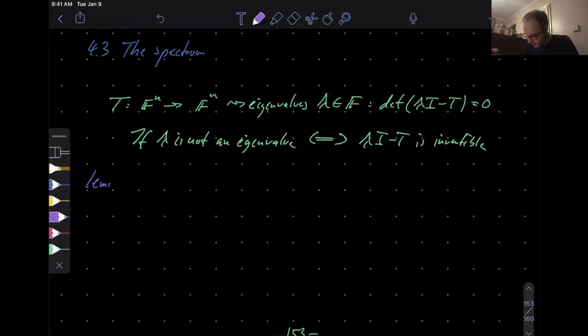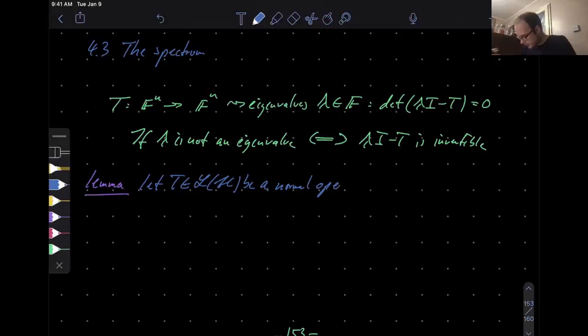Okay, we begin with a few algebraic properties that are also discussed in linear algebra. So this has nothing to do here with the dimension. Let T be a normal operator.